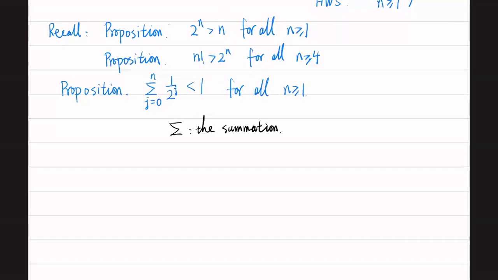It means we add many terms, but we don't want to write this every time, so we use the short notation.